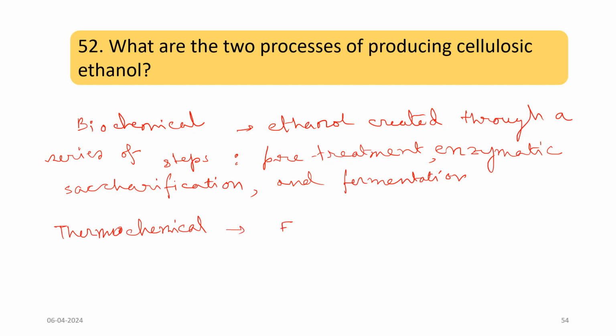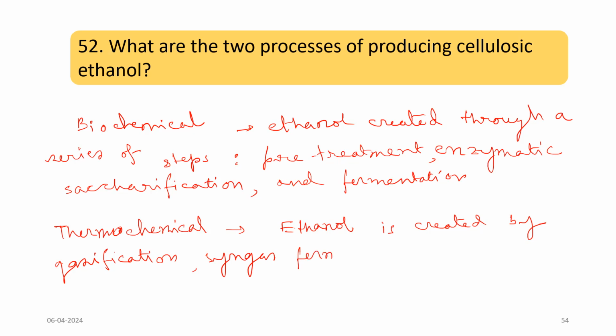Here, ethanol is created by gasification, syngas fermentation, or Fischer-Tropsch reforming. So these are the two processes, biochemical and thermochemical, from which cellulosic ethanol can be produced.